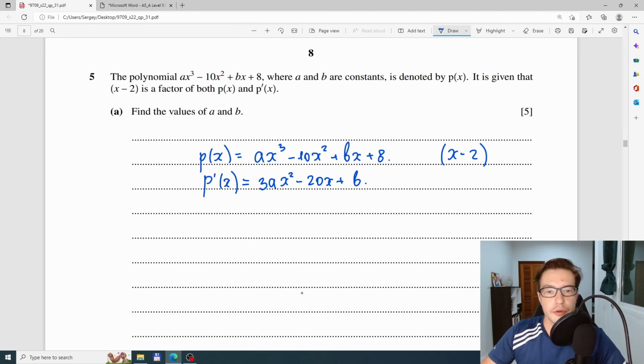Now, according to the factor theorem, if x minus 2 is a factor, then we can make it equal to 0, find a solution, and then substitute it into both polynomial and derivative, and the result should be 0. So p of 2 should be 0, and p derivative of 2 also must be 0 because of the factor theorem.